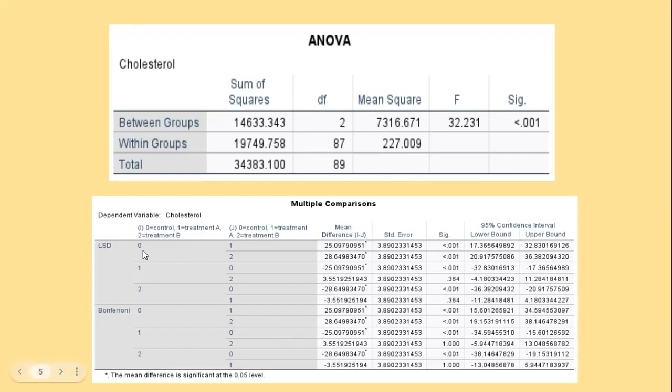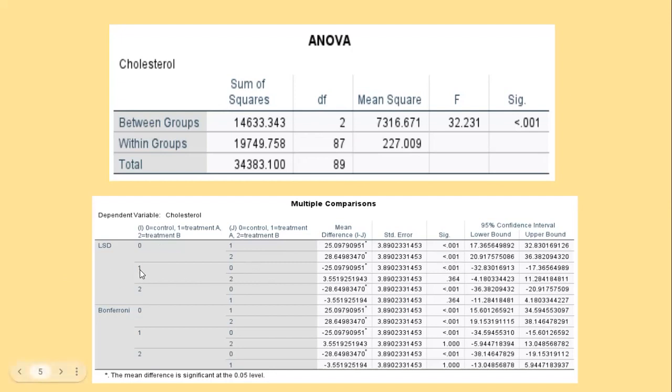If we do a comparison between group 0, which is the control group, and group 1, we can see there is a significant statistical difference, given that the p-value here is less than 0.01. And when group 0 is compared to group 2, it was the same as well, there's a significant difference between the two.